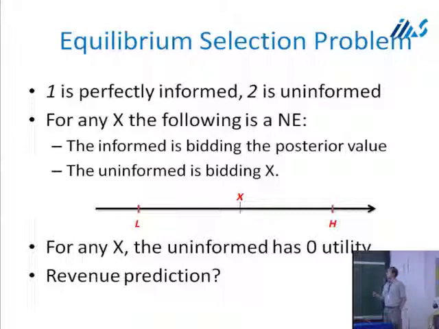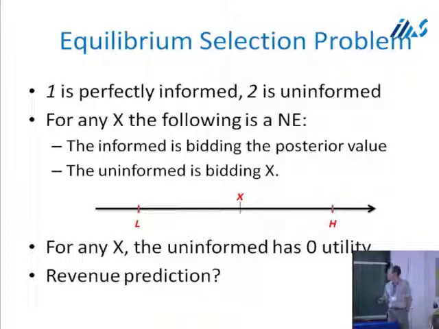How should bidder one bid? He knows exactly what the value of the impression is. He will bid his value. So that's easy. The hard part is figuring out how much the uninformed bidder is going to bid. What I claim here is that for every X that he bids, that's a Nash equilibrium. Why is that?